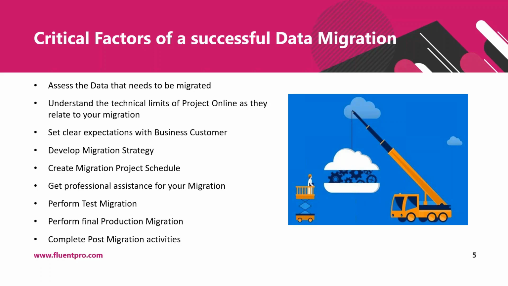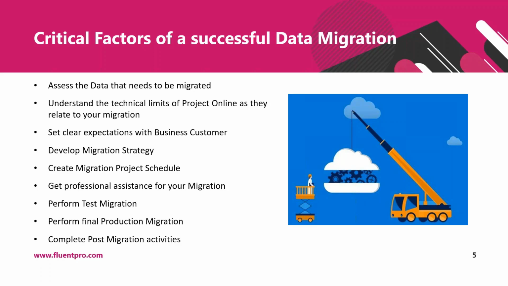Understand the technical limits of Project Online as they relate to your migration. This has to do with the concept of throttling within Project Online, how much data can be uploaded at once. In addition, there are some technical limits with regards to what can actually be migrated.